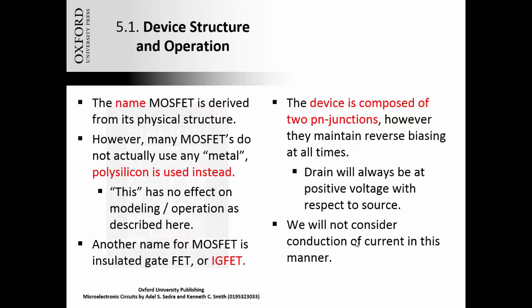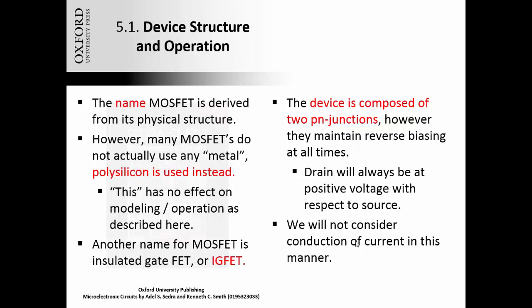Okay, it doesn't have any bearing on the actual operation or modeling of the MOSFET. We'll often just refer to it as a FET. I've never actually seen it called an IGFET, but I guess some people call it that.